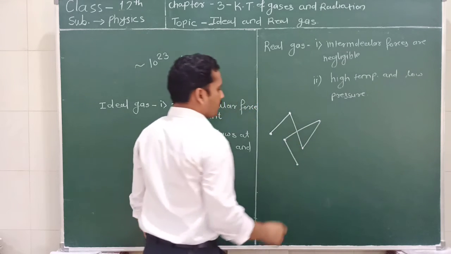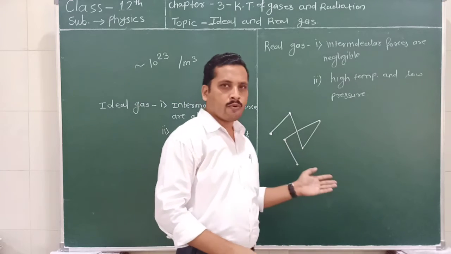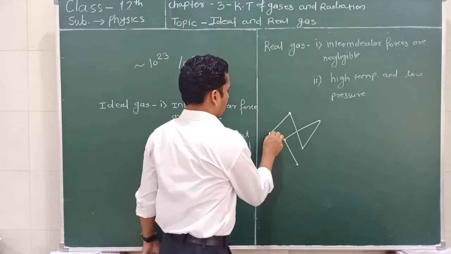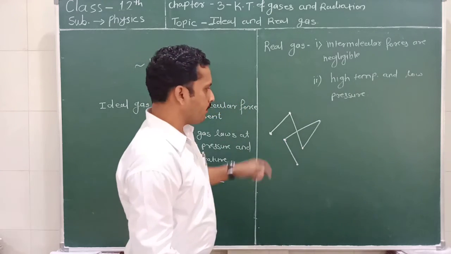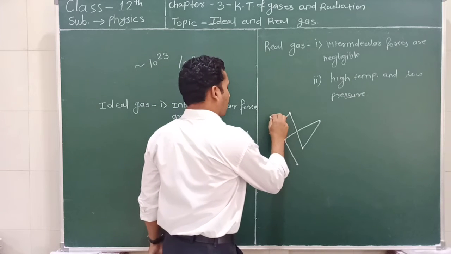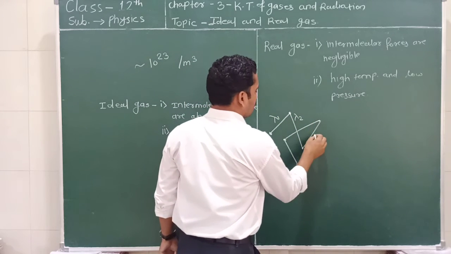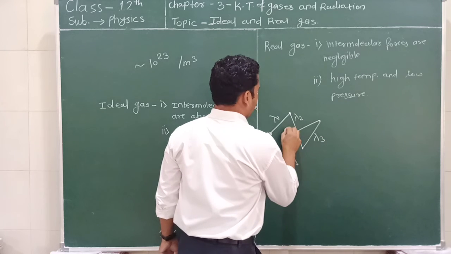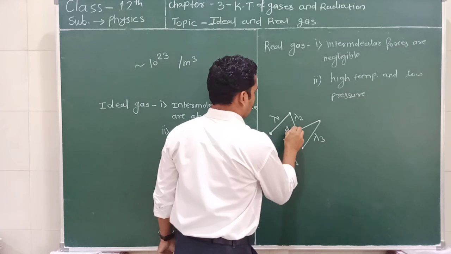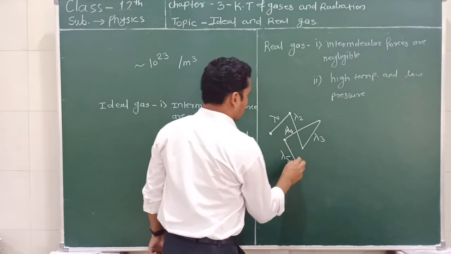So in this way we see that there are so many collisions of these molecules. If we consider that this is the free path, denoted by lambda 1, this by lambda 2, this by lambda 3, this lambda 4, and this lambda 5.